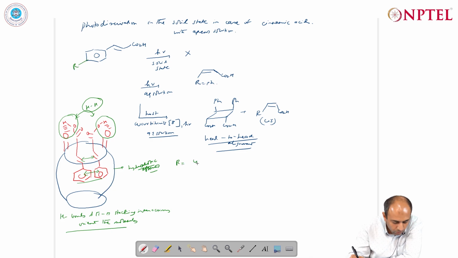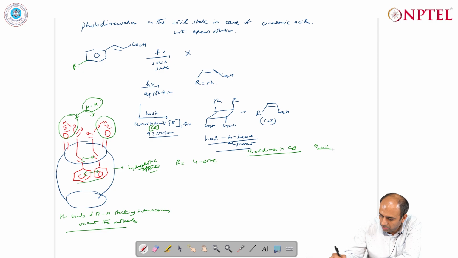Now you can put different substituents R here. When R is equal to 4-methoxy, then the percentage of dimer in cucurbituril, I am writing it as CB, and the percentage cis product, is 72% and 28%. When it is 3-OMe, then it is 92% and approximately 8%, and when it is 2-OMe, it is 83% and 17%.